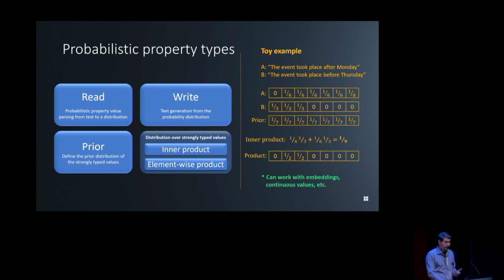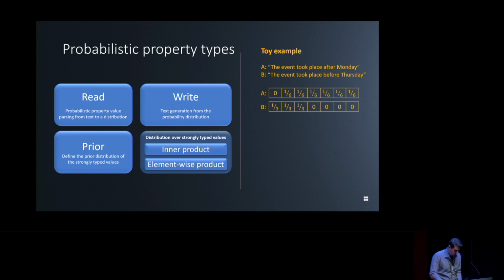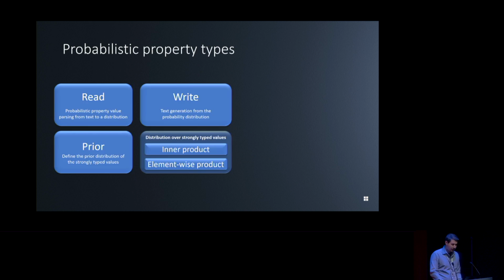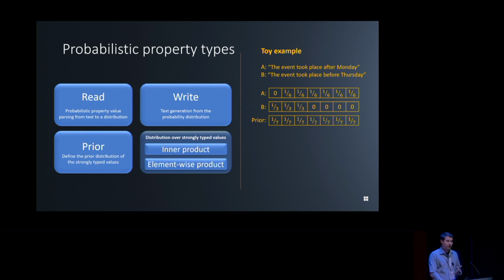So you can actually implement the API of this probabilistic type over embeddings. In my previous slide, where did I have description? These descriptions are actually the type, a generic text type. You can implement it through a bag of words, but you can also implement it through an embedding if you want. So it's very nice that it allows you to compose the probabilistic and the deep models.